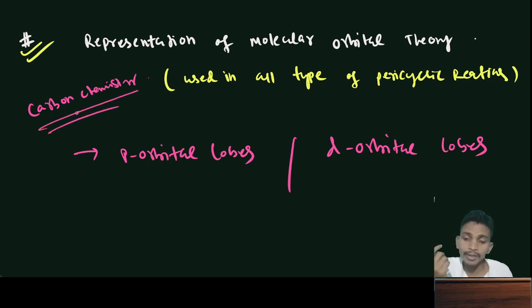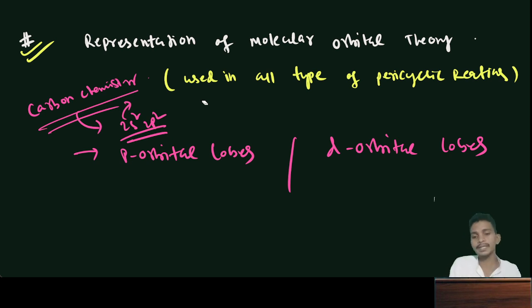In carbon chemistry we have 2s2 2p2, so d or f orbitals are not there. The 2s orbital is filled and the p orbital is vacant, because 2p6 would be full and we have only 2p2.